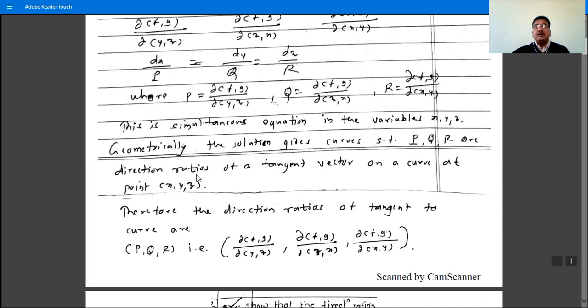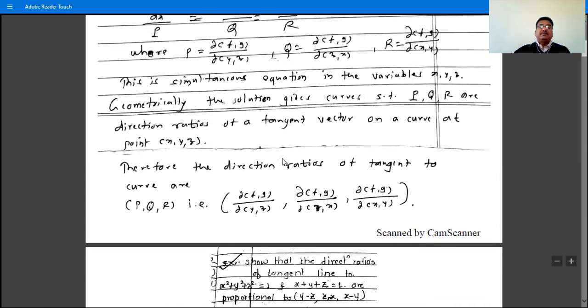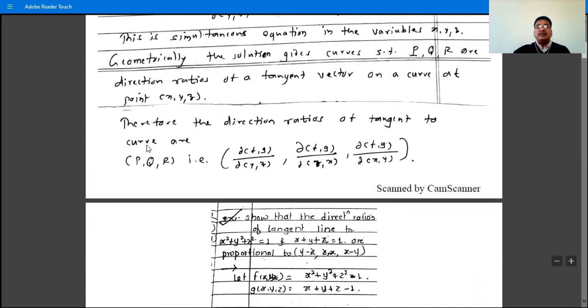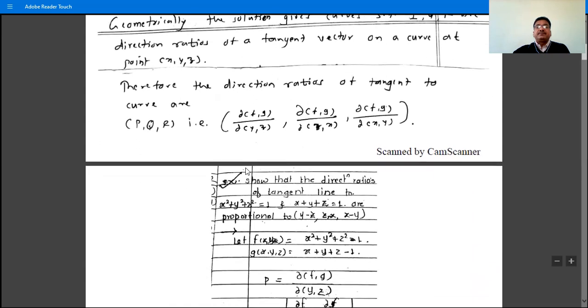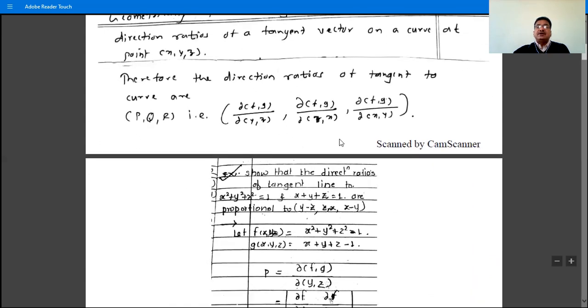These values are the direction ratios of the tangent vector to the curve. Therefore the direction ratios of the tangent to the curve are (P, Q, R).